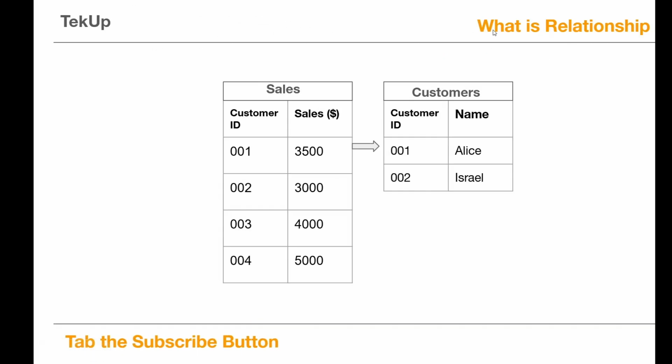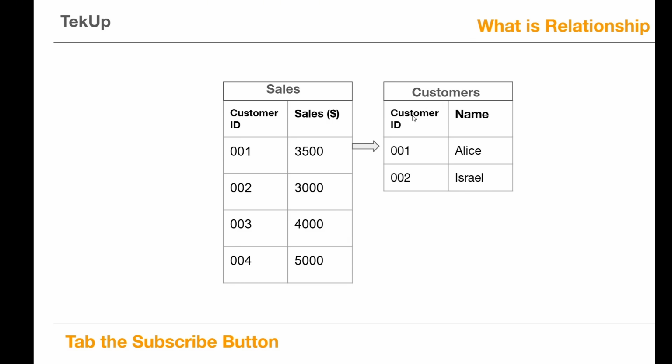Now, let's talk about what a relationship is. What is a relationship? When you look at these two tables, you will see that we have the sales table and we have the customers table. I want you to take a look at both tables thoroughly and ask yourself, what is common between these two tables?